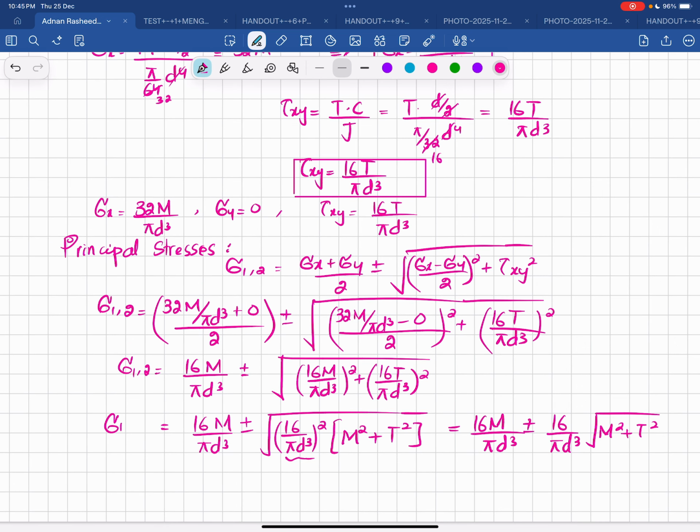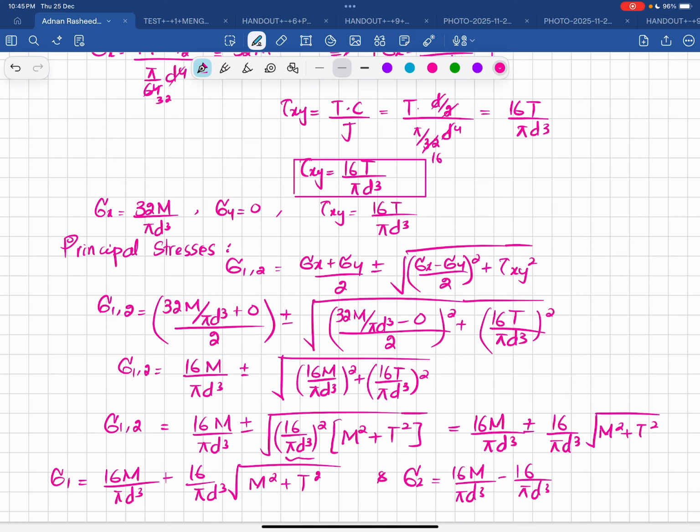Okay, that will be sigma 1 comma 2. So sigma 1 will be equal to 16m over pi d cube plus 16 over pi d cube into square root of m square plus t square, and your sigma 2 will be equal to 16m over pi d cube minus 16 over pi d cube into square root of m square plus t square.